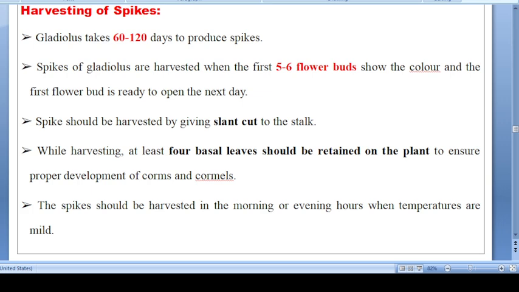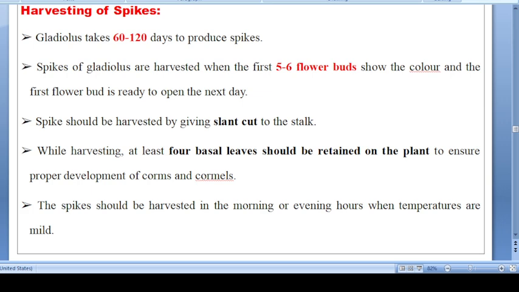If we have some 25 florets in a spike, when 4 or 5 or 5 to 6 flower buds are showing color, that is the indication for long distance transportation. If we want to supply for the local market, we can harvest it at a completely open stage.